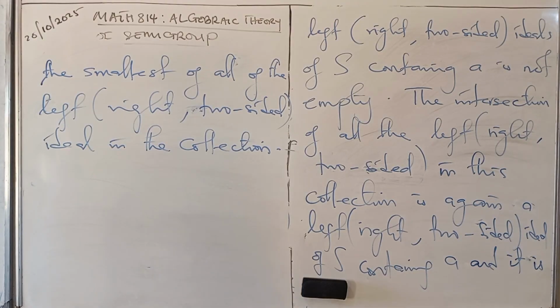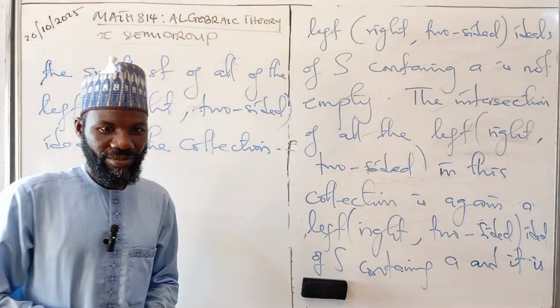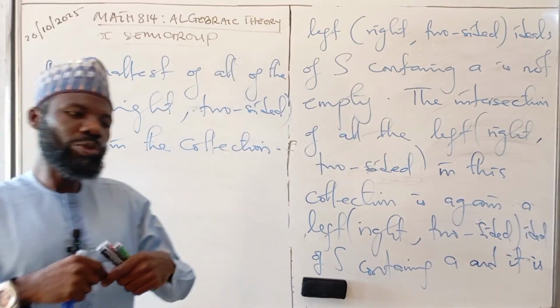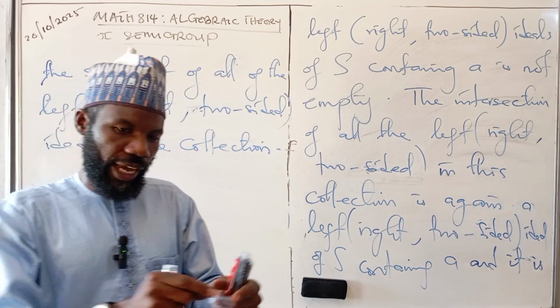It's a characteristic property of that ideal. It's unique. You cannot have two smallest. It's the only one there.